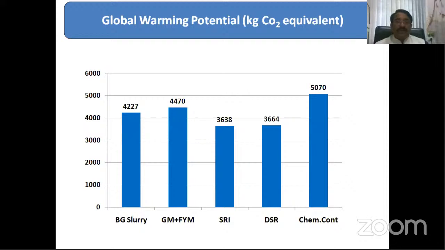I have calculated this into global warming potential, carbon dioxide equivalent. The chemical system with continuous submergence has more global warming potential as compared to the organic system. All these are the 4 pillars of the organic system.